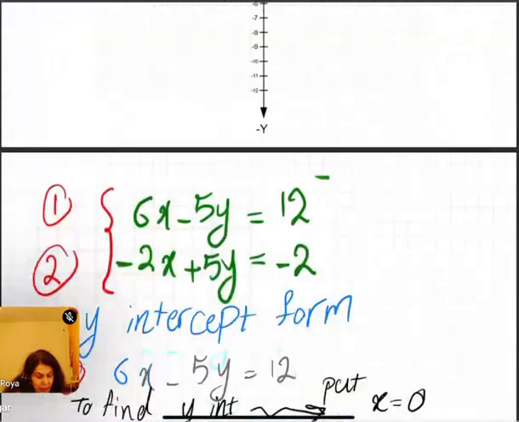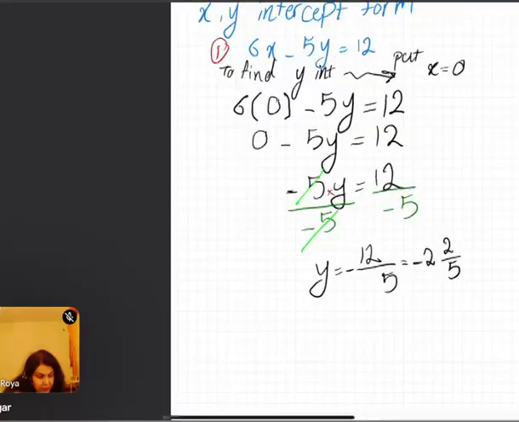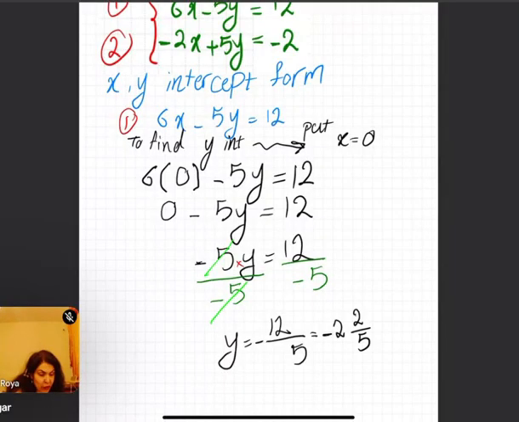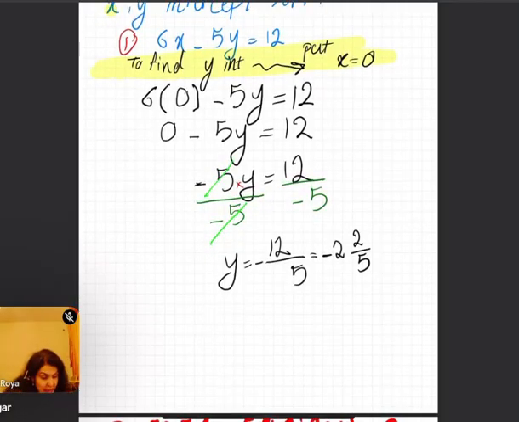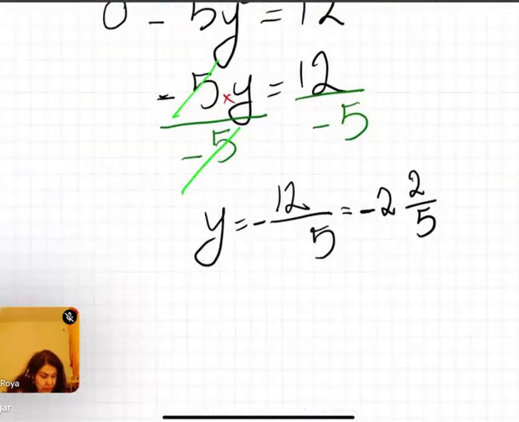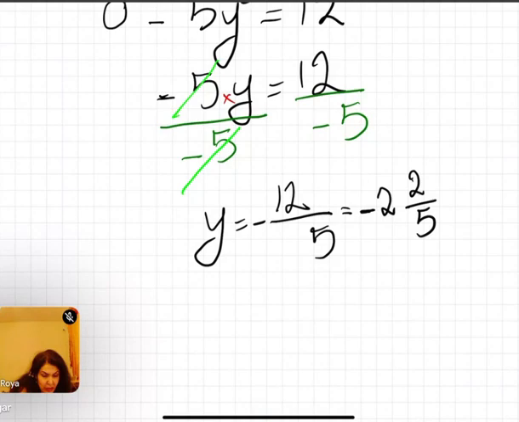Now next step, because we are using the x-y intercept form, this time we already found the y-intercept. Now we need to find the x-intercept. I write it here again.